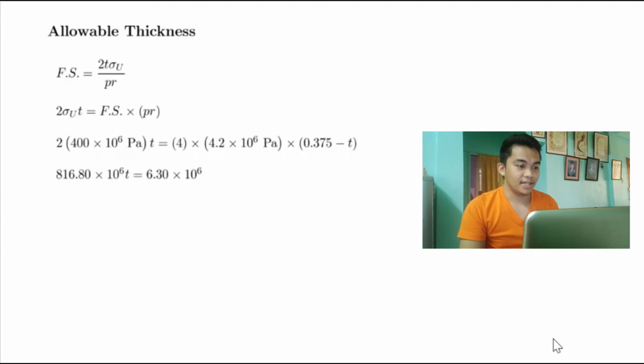Then next, we'll solve that. That will be 816.80 times 10 raised to the power of 6 t equals 6.30 times 10 raised to the power of 6.